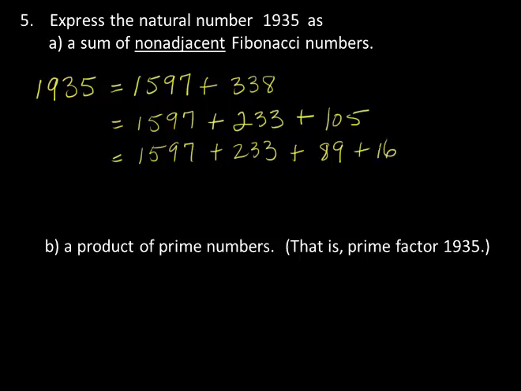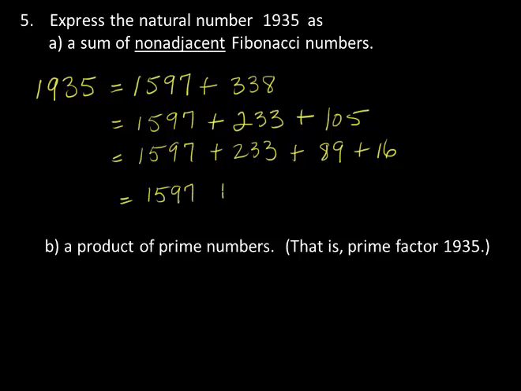So now I have 1597 plus 233 plus 89 plus 16. Well, do the same thing. 16 is not yet a Fibonacci. I take out the biggest I can. Every time, that's the key. Take out the biggest you can. And this time we will be done.